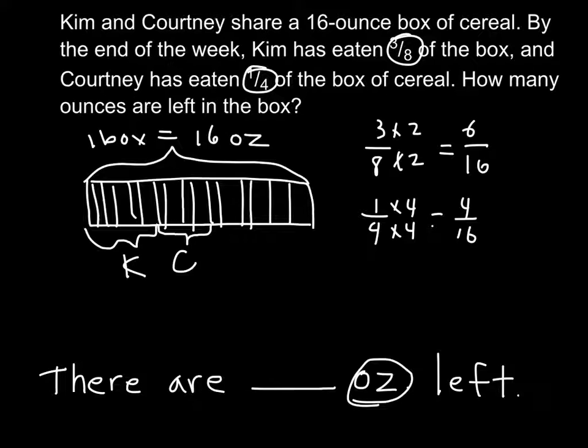And then I'm going to take a look at how many are left. 1, 2, 3, 4, 5, 6 16ths. And of course, each 16th is 1 ounce, so my answer will be 6 ounces left.